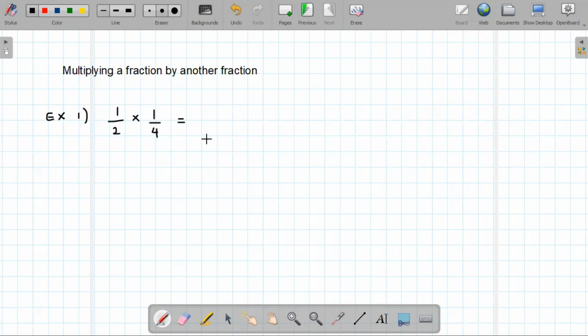Here, if we want to multiply a fraction with a fraction, we consider whether we have common factors with numerators and denominators. We are not considering it in this way.